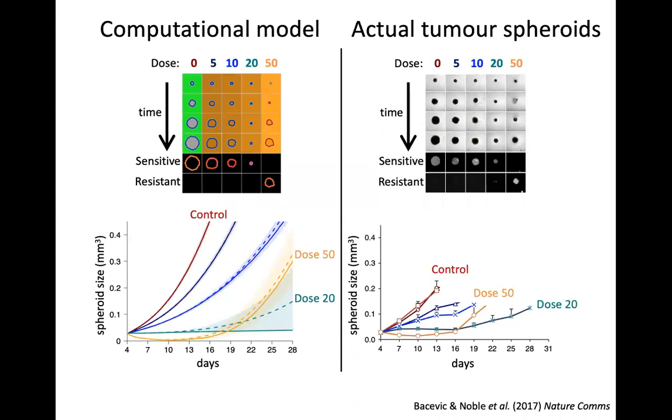You can see there's pretty good agreement there, which is very nice, but it's also kind of expected because of the degree to which we could parameterize this model. So here we found support in an experimental system, backed up by this computational model, that intermediate doses can indeed be superior in suppressing resistance and controlling tumor growth.